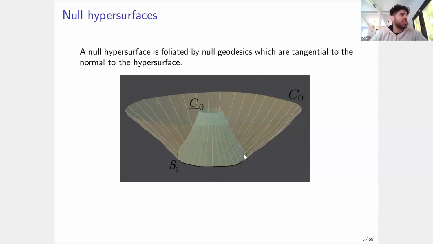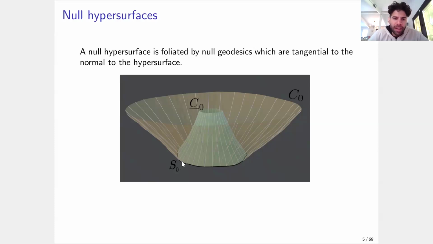That normal vector, since it is null, is also tangential, so it generates integral curves, which turn out to be null geodesics. These are the null generators, the white curves that you see here for each of these two surfaces. In this picture, the cross sections of the two null hypersurfaces are spheres, okay? And given a sphere, as we discussed last time, there are precisely two null hypersurfaces that you can initiate starting from that sphere, the outgoing and the incoming one.